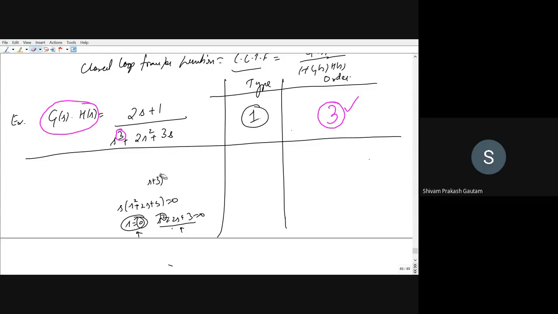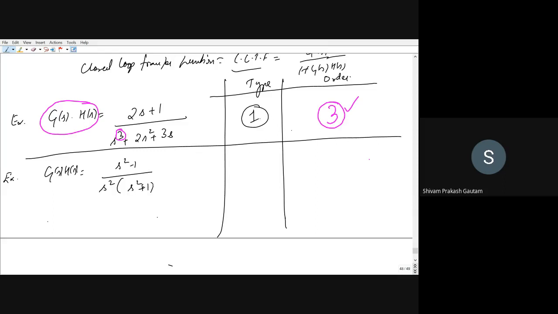Let me take another example. G(s)H(s) is equal to (s square minus 1) divided by (s square plus 1) whole square.